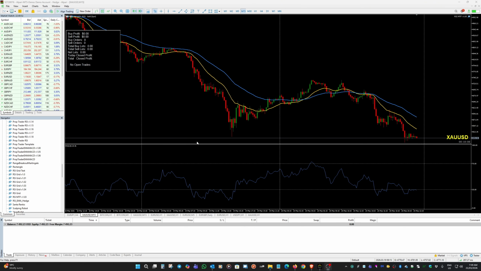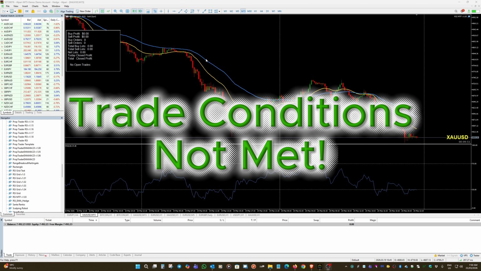But on this particular day, the RSI line did not actually go to the overbought section. So the moving averages part of the condition was met, but the RSI condition was not met. So in this case, no trade was placed.